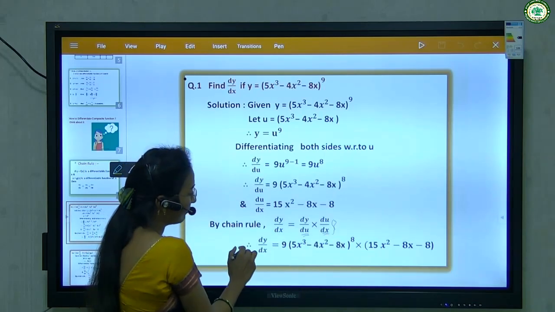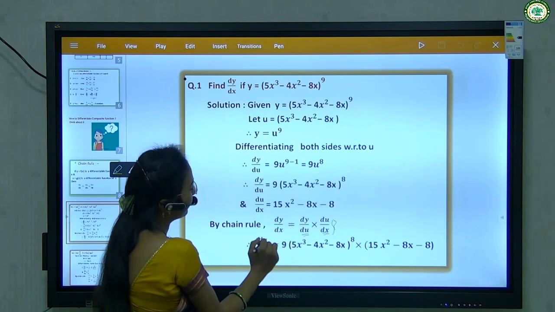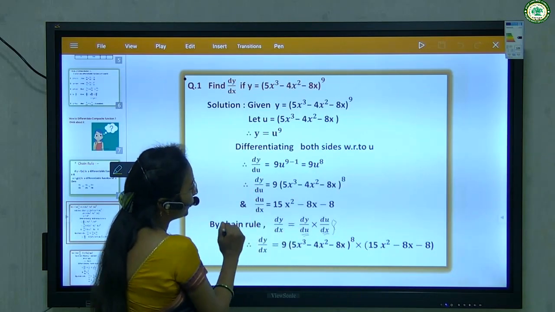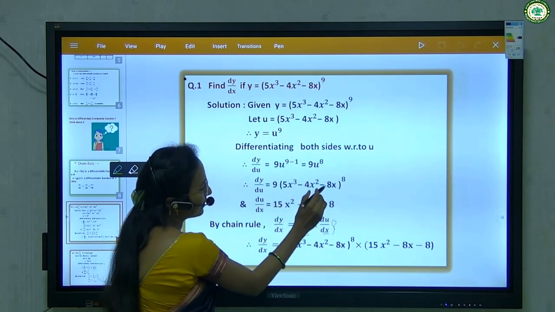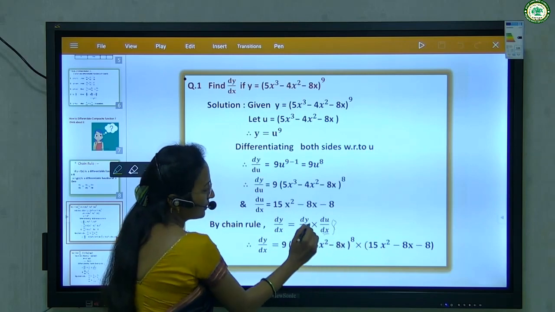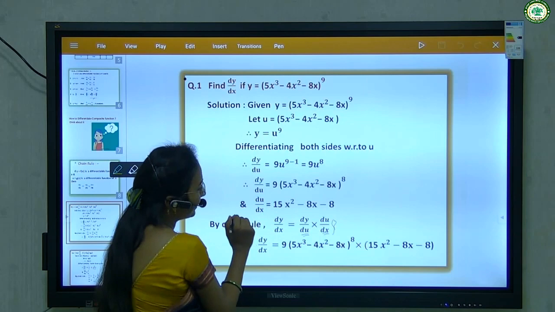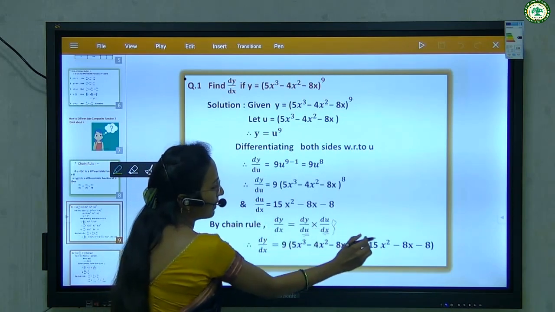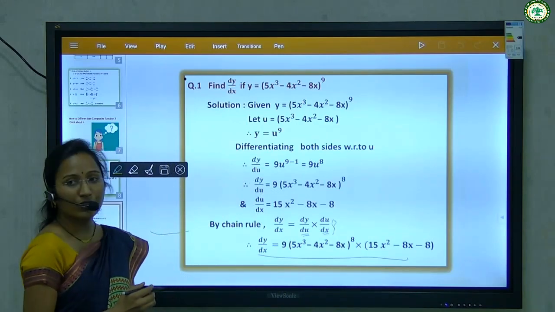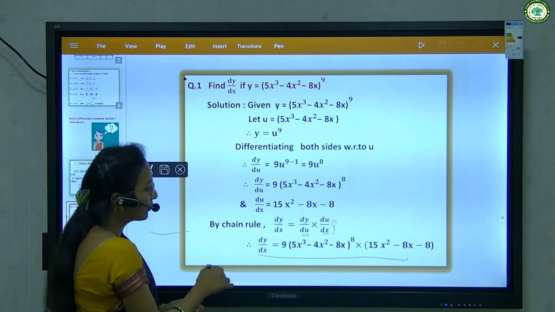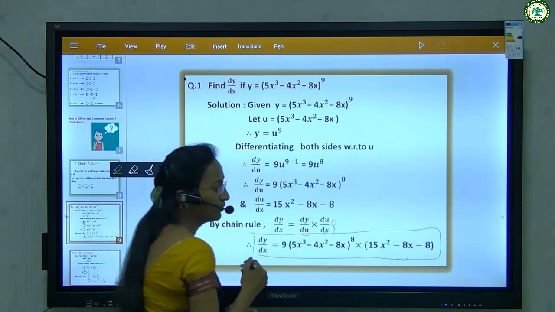Therefore, by calculation, dy upon dx is equal to 9 times (5x cube minus 4x square minus 8x) raised to 8 into du by dx. The value of du by dx is 15x square minus 8x minus 8, which is the dy upon dx. Our function is a composite function, and by calculation we get dy upon dx is equal to this value.